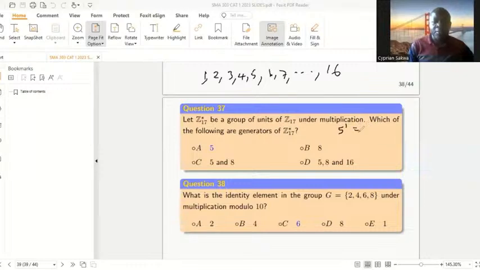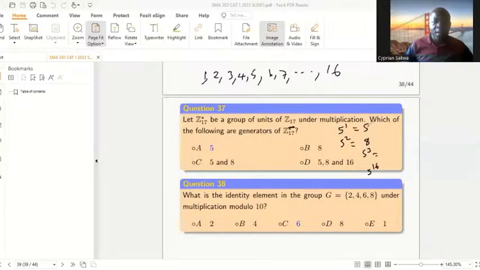So 5 to 1 would be 5. 5 squared would be 25, and 25 mod 17 would be 8. Do 5 to the power 2 and get the value. You will find that 5 will be a generator. You do it up to 5 to the 16, and you find that it's a generator.